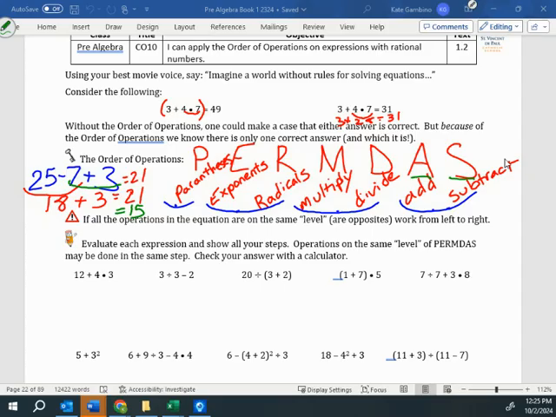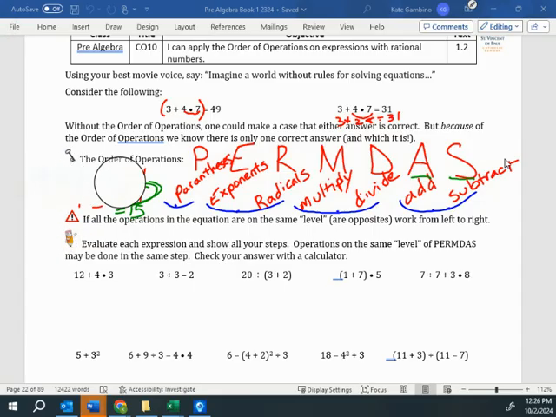So our order of operations truly matters. 21 was the correct answer. They got it wrong when they put a 15. We always have to think, if I'm on the same level, it's whichever one I hit first. Doesn't matter if it's the subtracting first, because subtracting and adding are on the same level. So reading from left to right, we hit subtract first, so we subtract. Then we add.